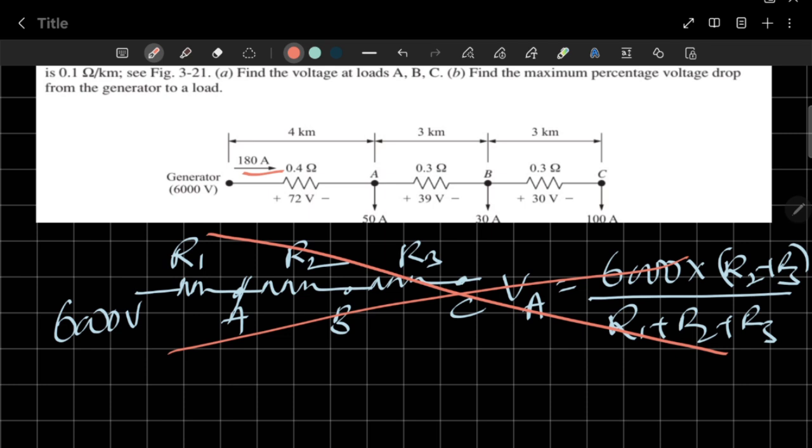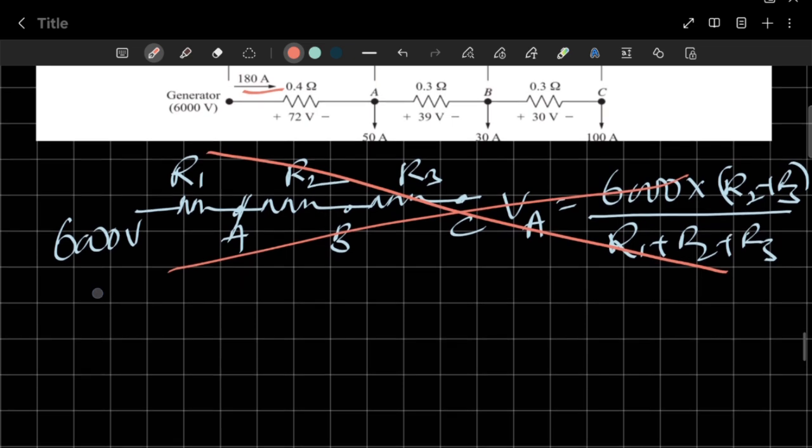Then after A, the same amount of current is not going through the 0.3 ohms, because 50 amps is going downward from node A. So we can treat this circuit like this also.